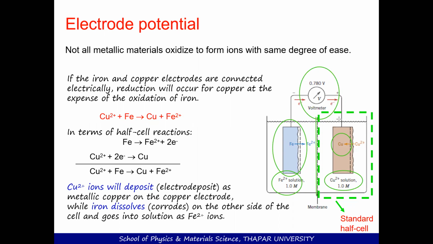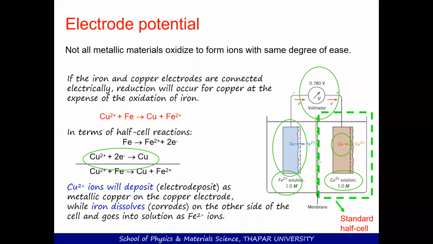For example, for the standard cell shown in this schematic diagram, made up of iron and copper, we know that copper, which is Cu2+, has a tendency to accept two incoming electrons, and it results in neutral copper. So Cu2+ reacts with two electrons and results in Cu0.